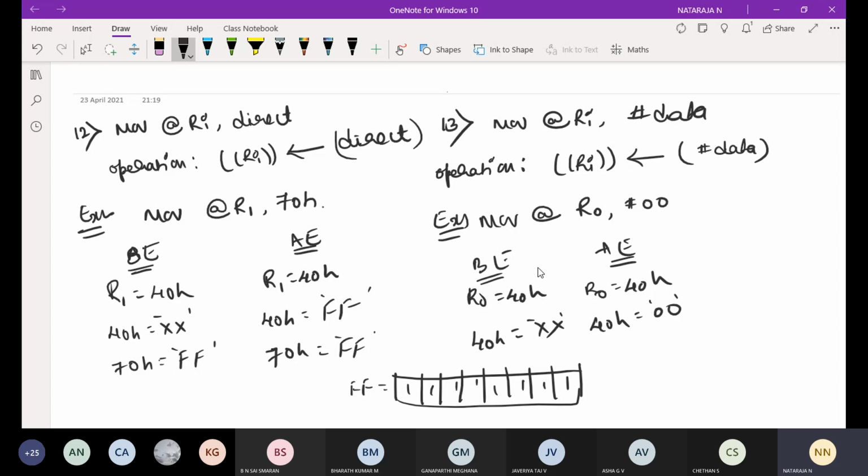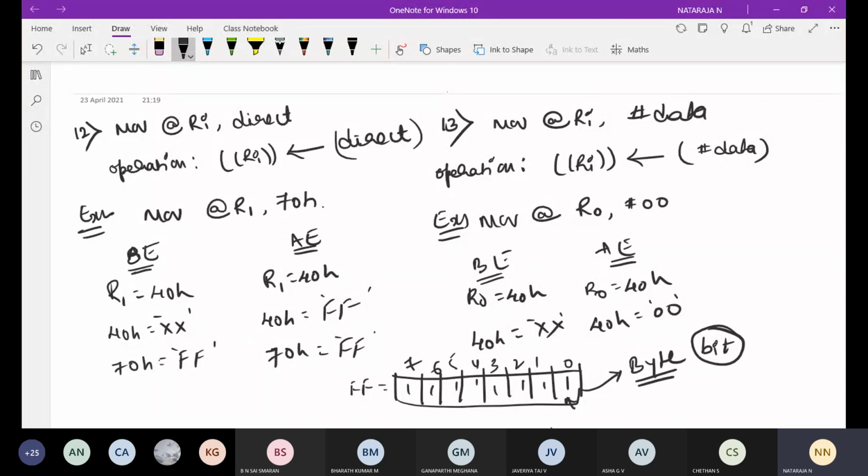Now I need to move a single bit. So far we are moving a whole byte of data. Now I need to move a bit of data. For example, this is an accumulator, bits 0, 1, 2, 3, 4, 5, 6, 7.